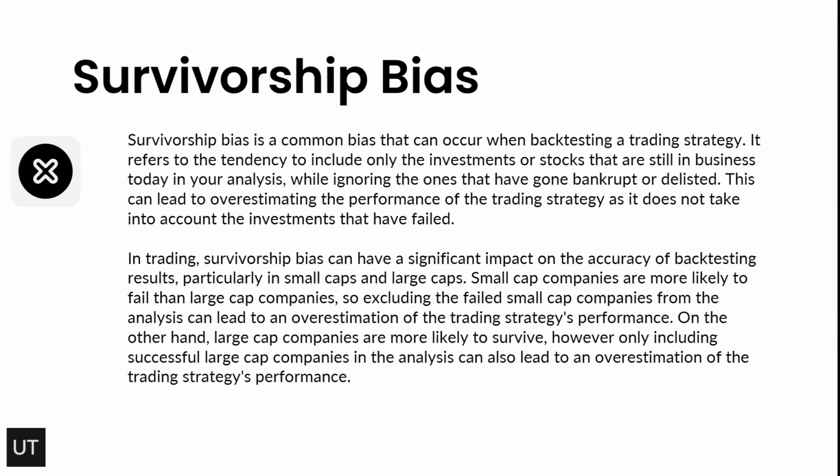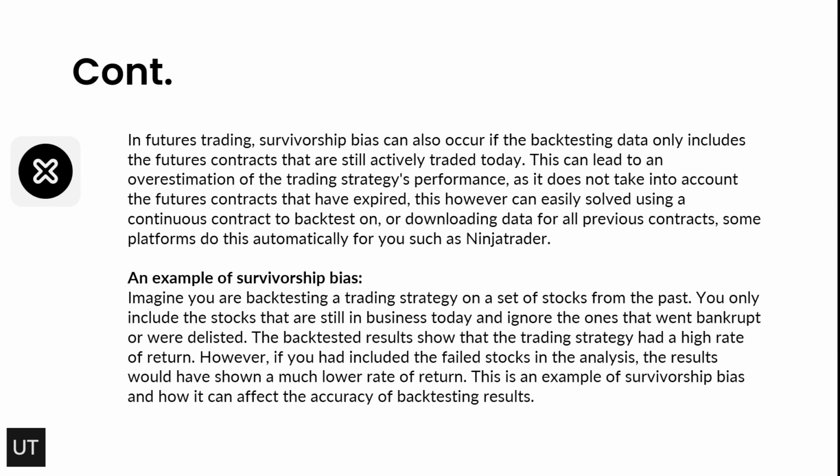Small cap companies are more likely to fail than large cap companies, so excluding the failed small cap companies from your analysis can lead to an overestimation of the trading strategy's performance. On the other hand, large cap companies are more likely to survive. However, only including successful large cap companies can also be troublesome, causing a similar issue of an overestimation of the trading strategy's performance.